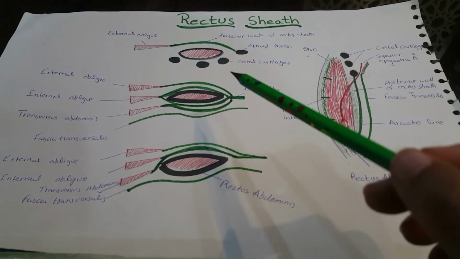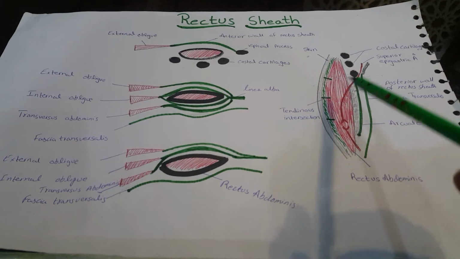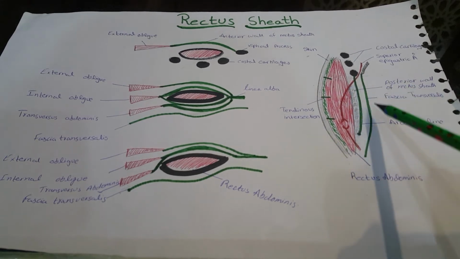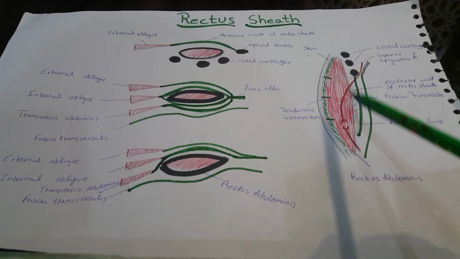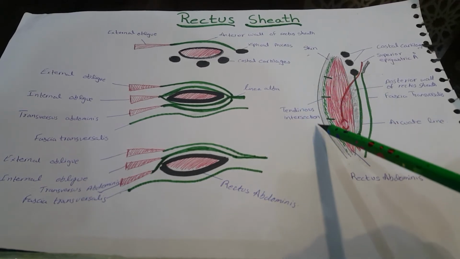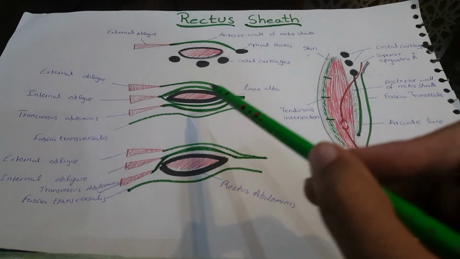Now let us discuss the formation of rectus sheet between the costal margin and the arcuate line. So as you can see, it has anterior wall and the posterior wall.